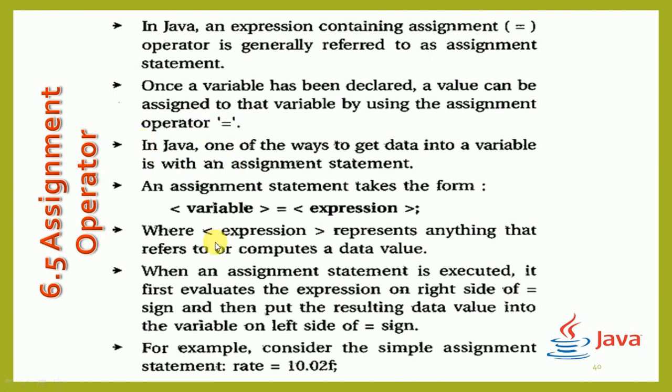Here one example is given: variable is equal to expression or value, and this is the statement. In this example, rate is equal to 10.02f, meaning the 10.02 floating point value is stored in rate by using the operator that is called the assignment operator.